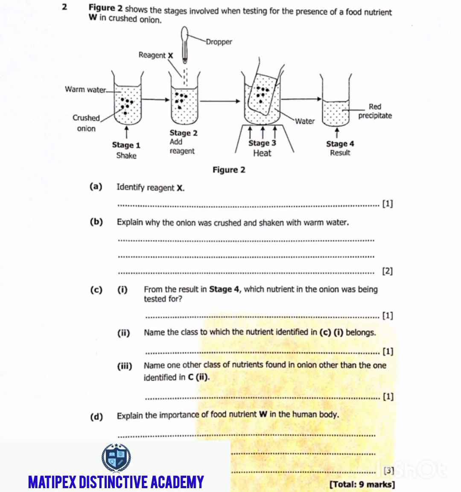Now since we know that this test is a test for reducing sugars, we need to identify the reagent used when testing for reducing sugars. We know a reagent is a chemical solution used to test for the presence or absence of a particular nutrient.